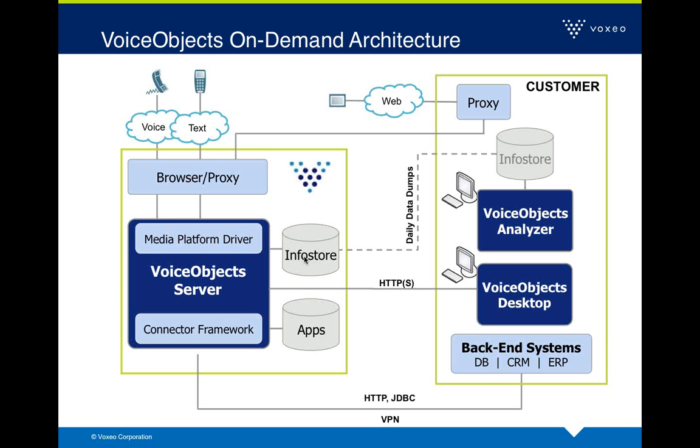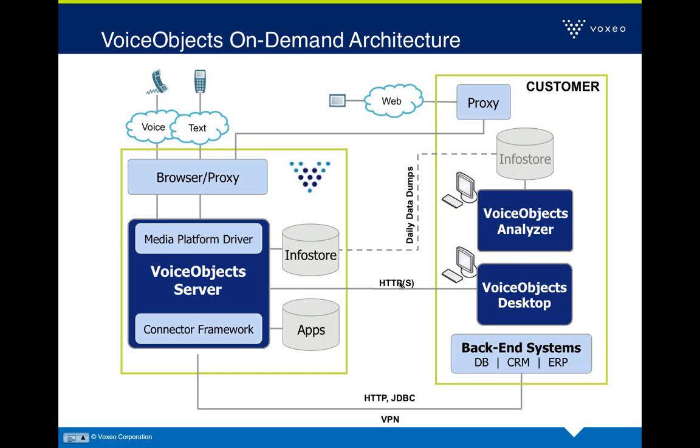So that you can basically load that export into a local data warehouse and then have your BI environment such as Cognos or Business Objects or MicroStrategy where you access the reports, and that BI environment then points to your local InfoStore database. Again, the package for the report is part of our offering, so that comes basically included in the VoiceObjects On Demand offering. So you can just import that package of reports into your local BI environment.